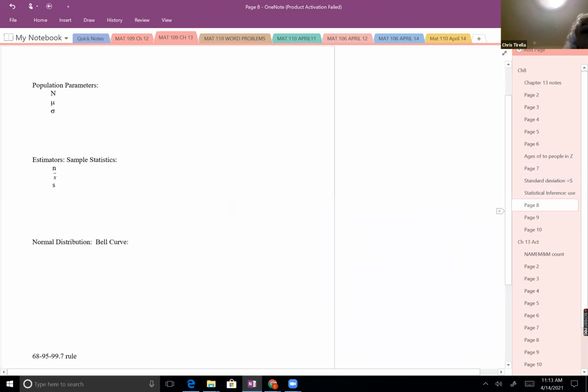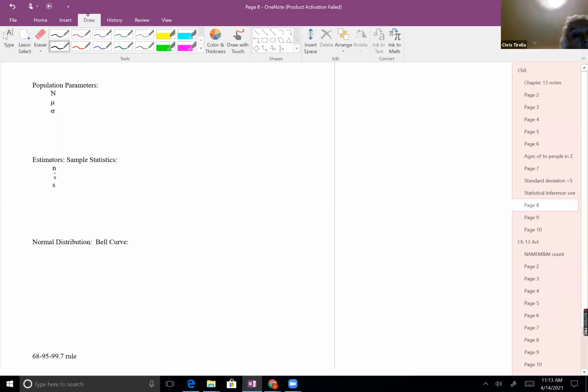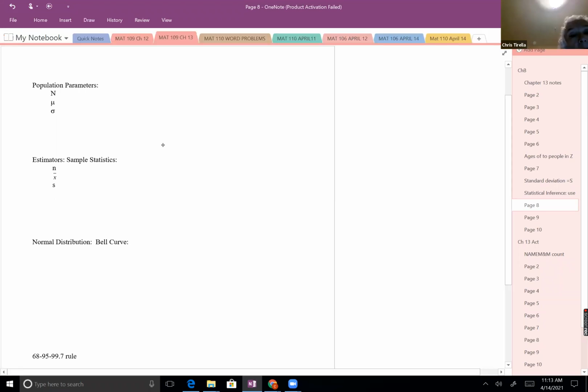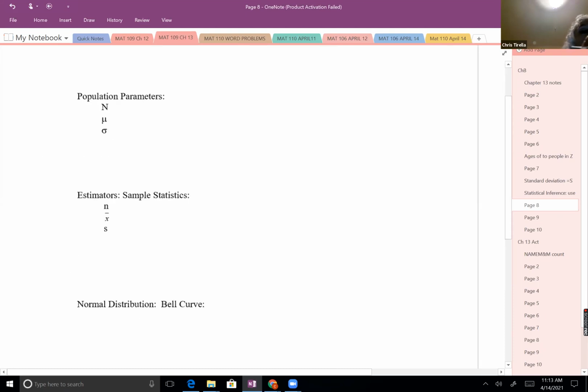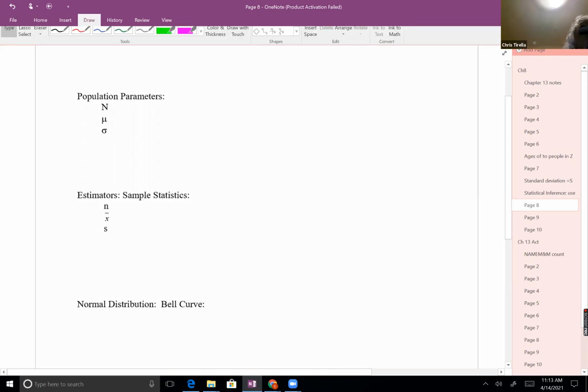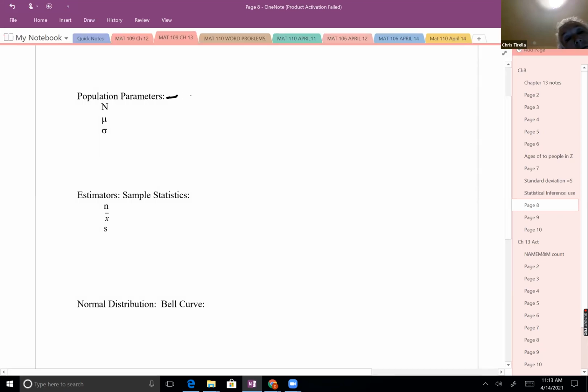When we talk about a population, we consider the data to be our population. Let me make this a little bit bigger before I go on. Our population parameters is what we would call the data from the population.